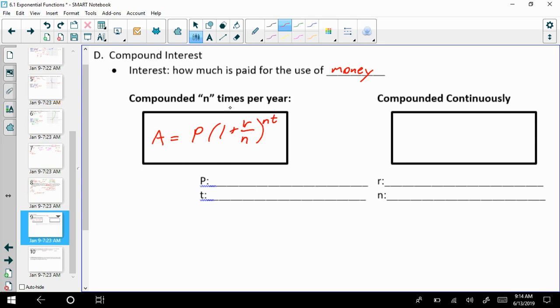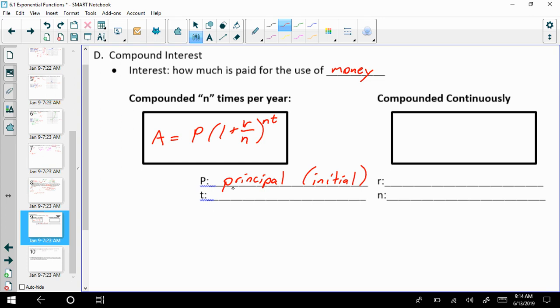So it's P times the quantity 1 plus R over N, that's an R over N, raised to the N times T. And what these variables mean, P is called the principal. And when we're talking about money, the principal is like your initial amount. How much money did you start with?